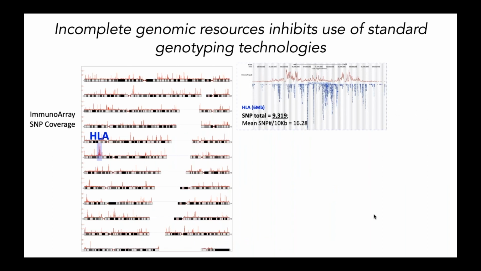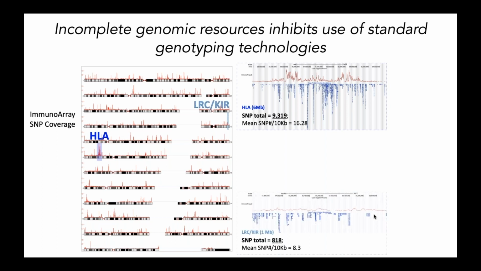And this is sort of an egregious example of how that carries through. This is looking at the ImmunoArray, which is a specific microarray meant to target genes in the immune system. Specifically, this array is fed from GWAS, so GWAS hits will feed into this array. I don't know that it's used that much anymore, but just to give you an example of how bad things can be, I'm comparing here the coverage of HLA and KIR to IGH.